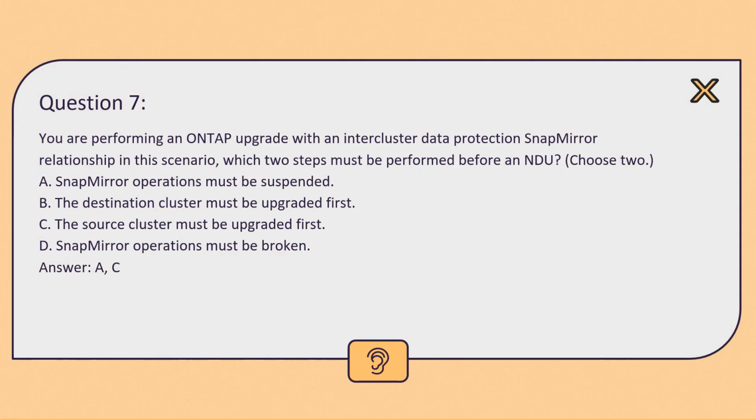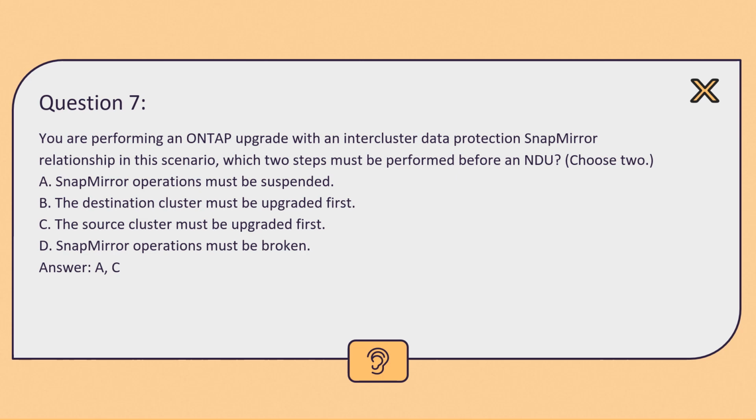7. You are performing an ONTAP upgrade with an intercluster data protection SnapMirror relationship. In this scenario, which two steps must be performed before an NDU? Choose two. A. SnapMirror operations must be suspended. B. The destination cluster must be upgraded first.